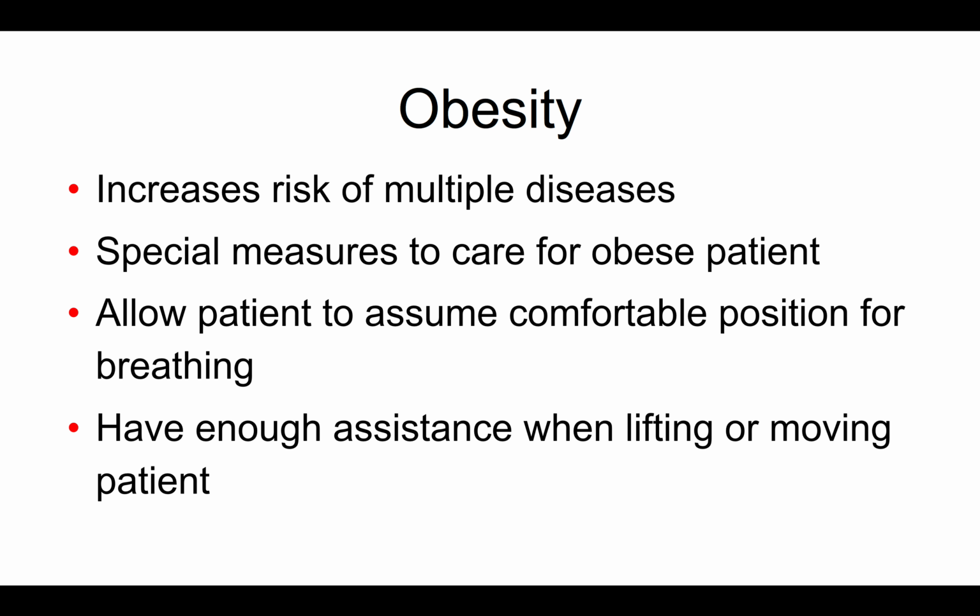Make sure that the patient is going to be sitting up most of the time. These patients really don't do well lying fully supine with the mass of all that on their lungs. Make sure you have enough people when you're lifting or moving them. Don't be afraid to call for some extra help if you find yourself without enough people.